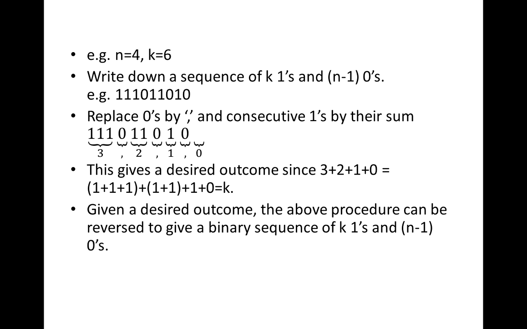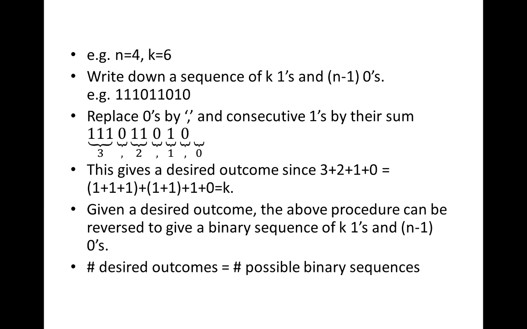So given a desired outcome, the above procedure can be reversed to give a binary sequence of k ones and n minus 1 zeros. That means for n equal to 4 and k equal to 6, the size of A is B(n minus 1, k).